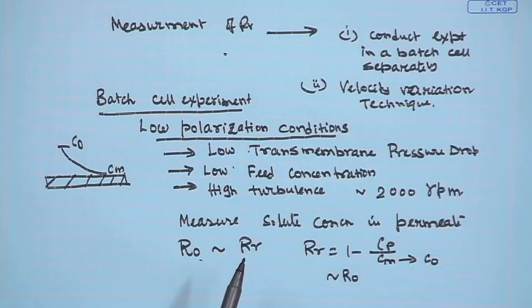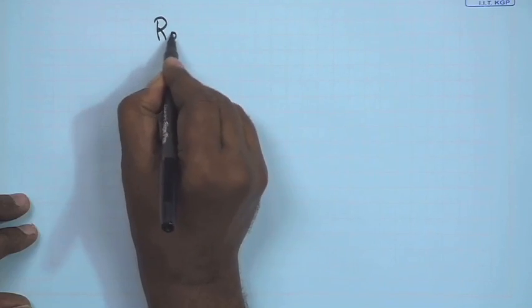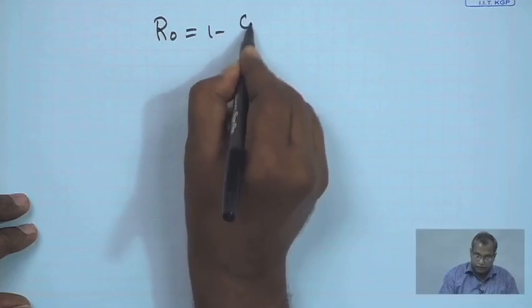Therefore, low polarization conditions can be realized only on a small laboratory scale under a controlled environment, and if you conduct experiments in that environment, the observed retention will tend to the real retention.